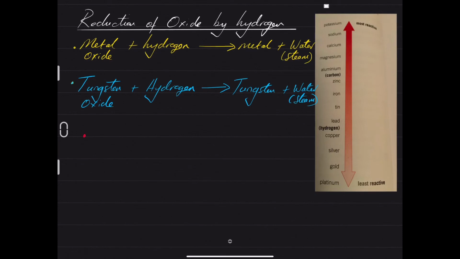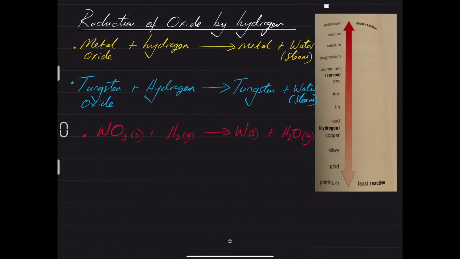I'm going to give you the chemical symbol for tungsten, and let's give you hydrogen gas, and we'll keep it solid, and put H2O gas.